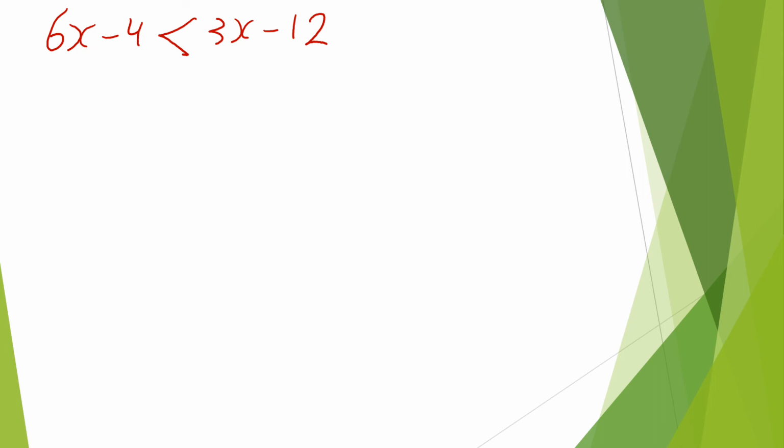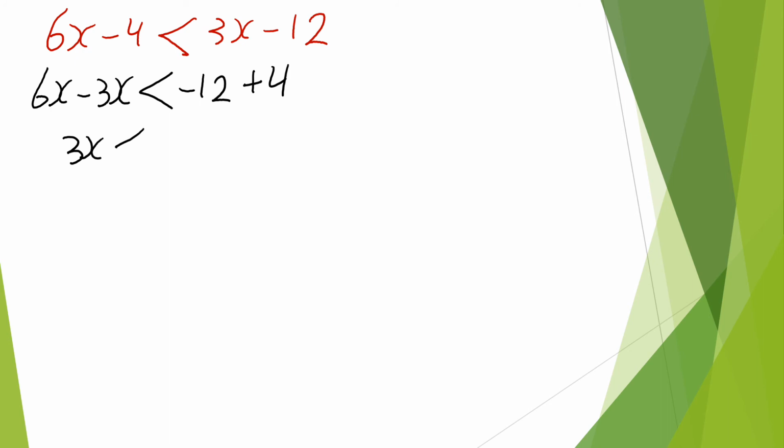So in here I'll move this 3x to this side. So I've got 6x minus 3x less than, and I've got the negative 12 here. So I will move the negative 4 to this side, and it becomes positive 4. Now simplify each side. I've got 3x less than negative 8.